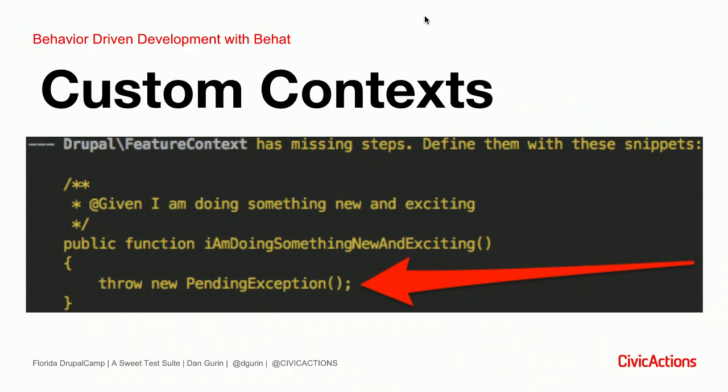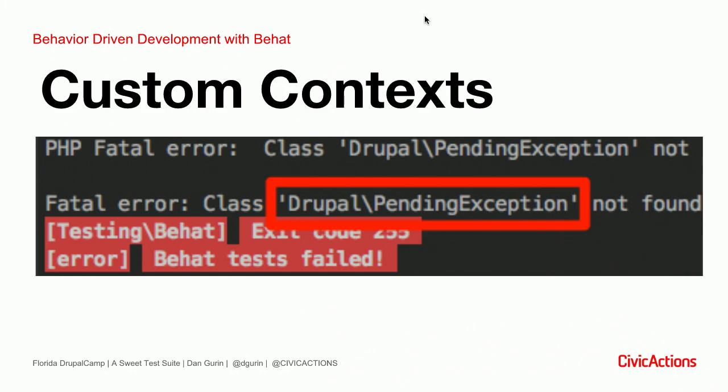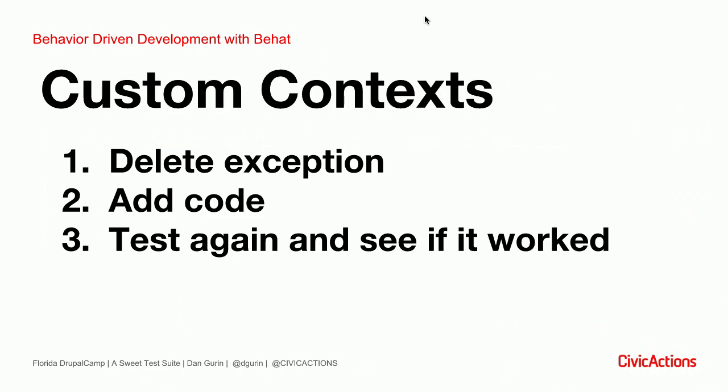So when you run your test, you'll see that pending exception is thrown. So you can just delete that exception, add in the code that you want to have in your context, and then test again to see if it works. And within the function there, you can just use regular object-oriented PHP, Behat, Mink, and Drupal programming conventions, depending on what you're trying to do.